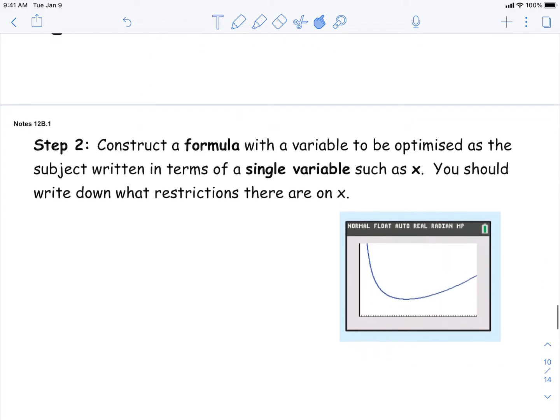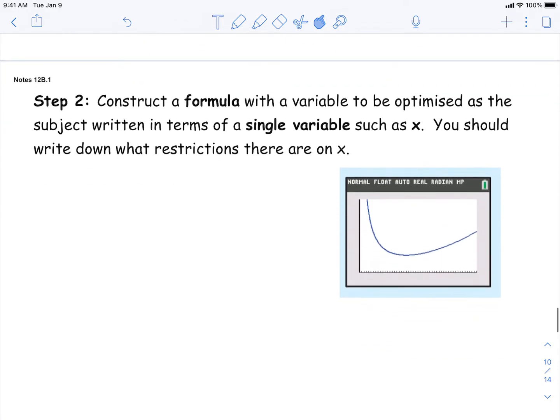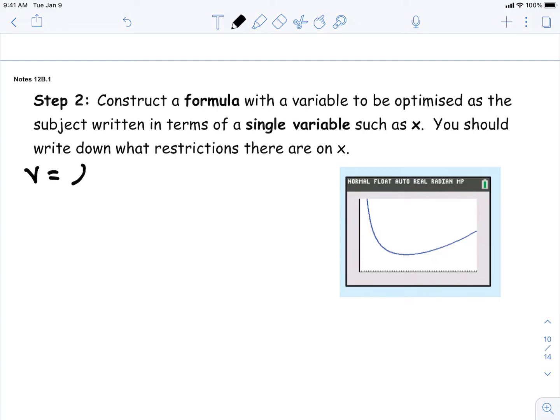Step 2 is we're going to construct a formula with a variable to be optimized. The volume of a box is found by taking the length, the width, and the height, so we multiply those three sides together. So the volume of x is the length, the width, and the height.